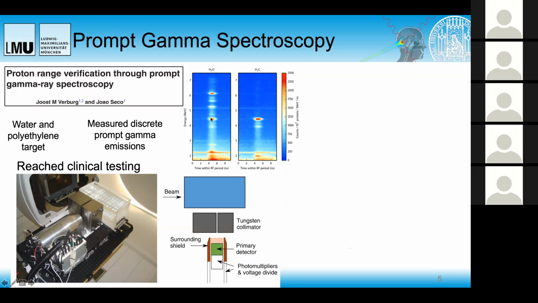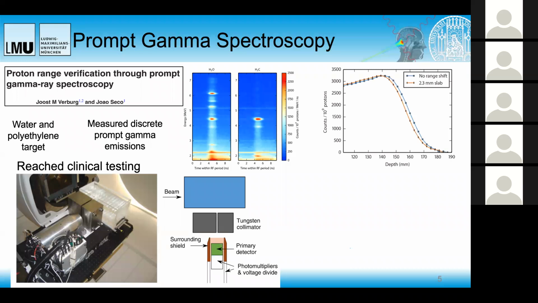And what you see now are these discrete energy lines. What's important to mention is that these energy lines are different for the different targets. So the prompt gamma spectrum depends on the tissue or the material we are irradiating.